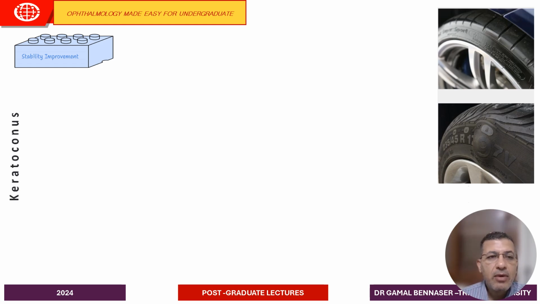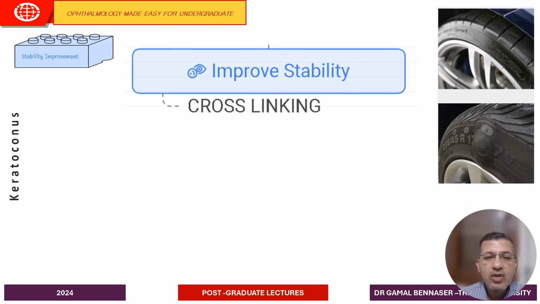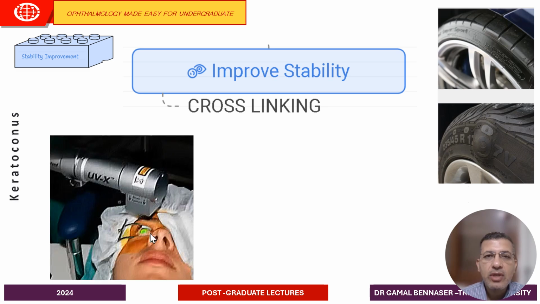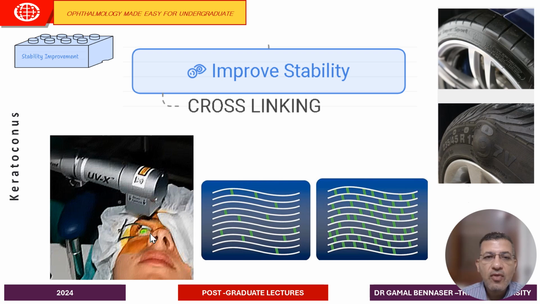If I speak about improving the stability of the cornea, of course the stability of the cornea is maintained through cross-linking. Any patient once diagnosed as having keratoconus, we should determine whether he has progressive keratoconus, so that we decide to do cross-linking for him, determine whether he is a good candidate for cross-linking or not, and determine what type of cross-linking technique we are going to do, the classical Dresden protocol, the accelerated protocol, or the customized cross-linking and so on.